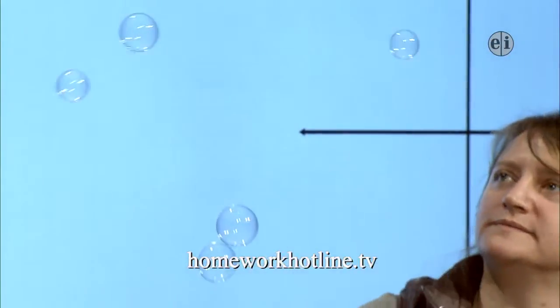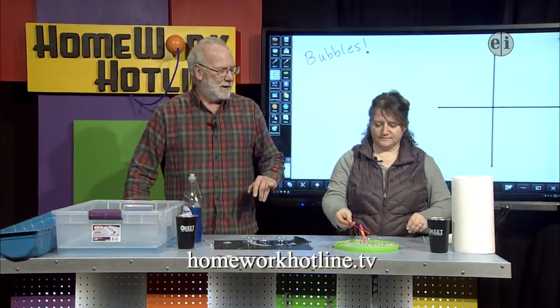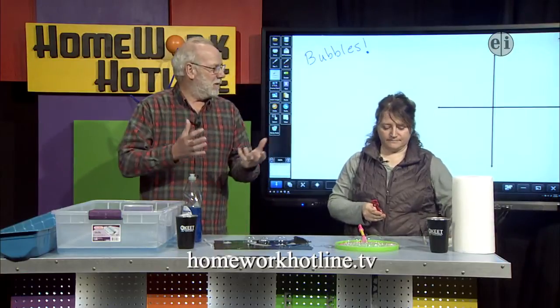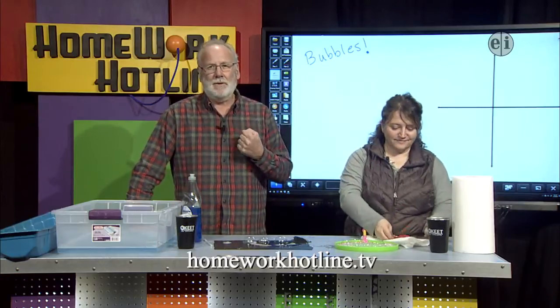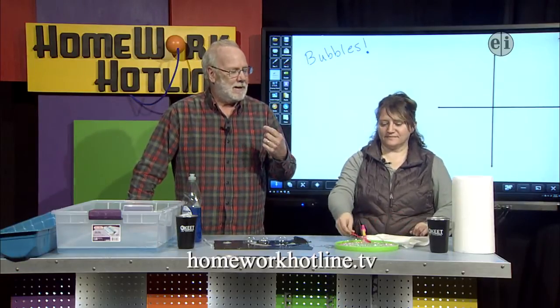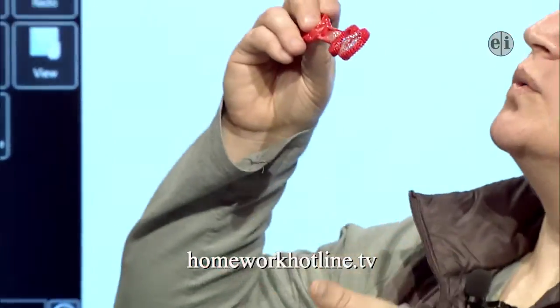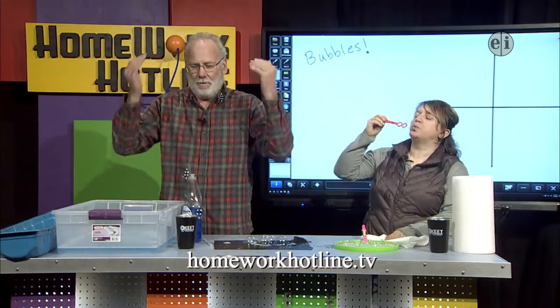Why it forms a bubble is that there's an elasticity around it that's forcing itself inward. And like anything, it'll form a sphere because that's the least amount of surface area for the amount of volume that's in it. You'll never get square bubbles or triangle bubbles or flat bubbles.